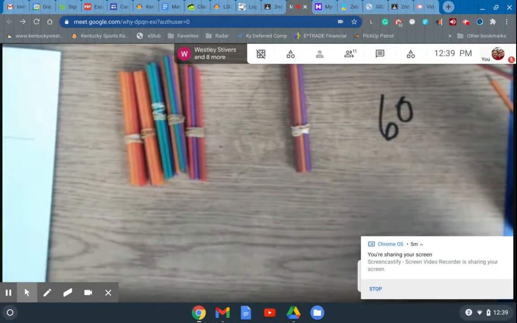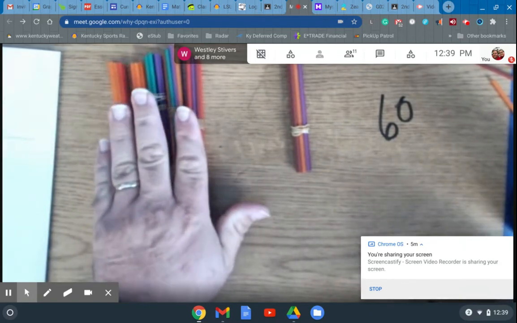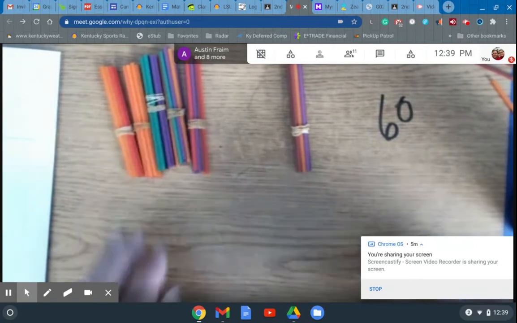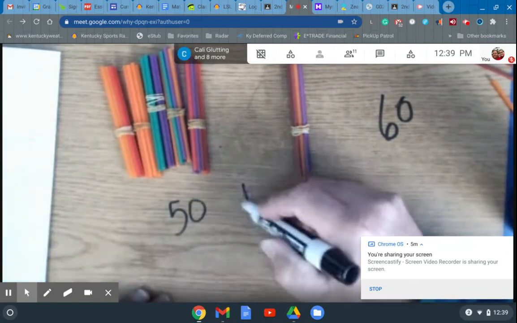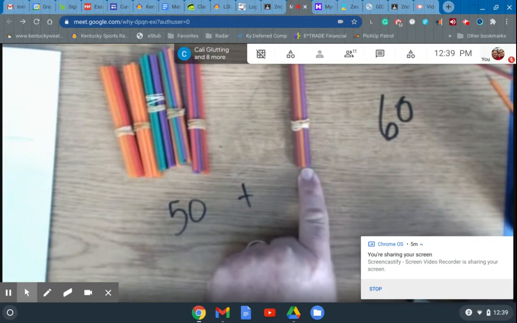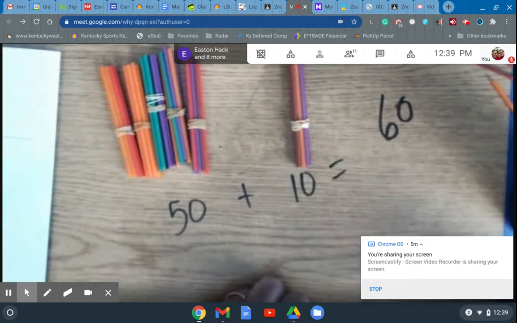Gracie, how many did we start with? I had 50, and I added how much? 10. And then she said that gives me 60. Great job.